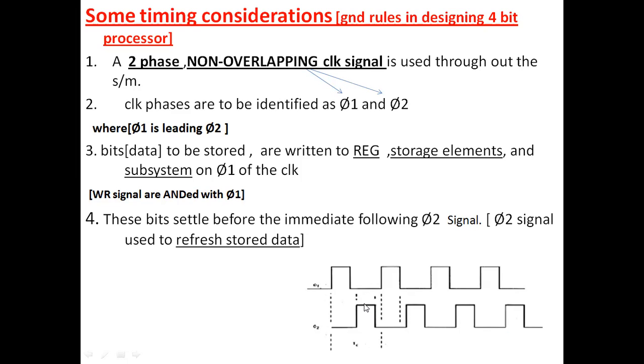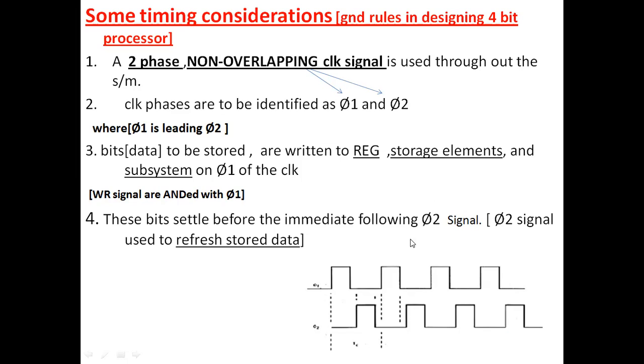So hence these two are called non-overlapping clock signals. At no time will these two clock signals be at the same value. And basically, for the read and write operation, this phi1 clock will be synchronized for the read signal as well as for the write signal.